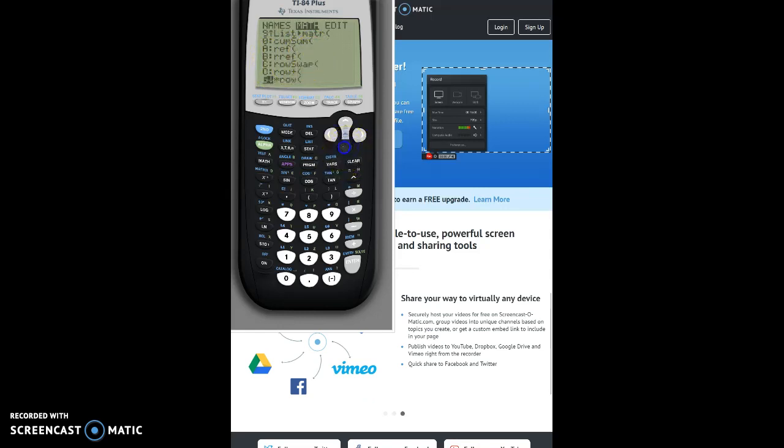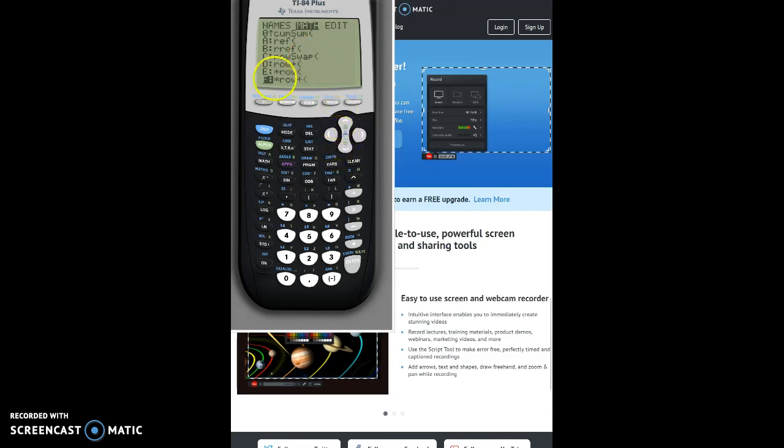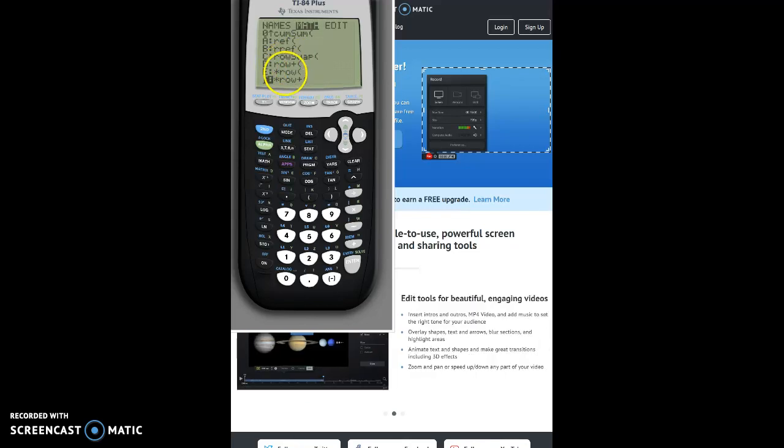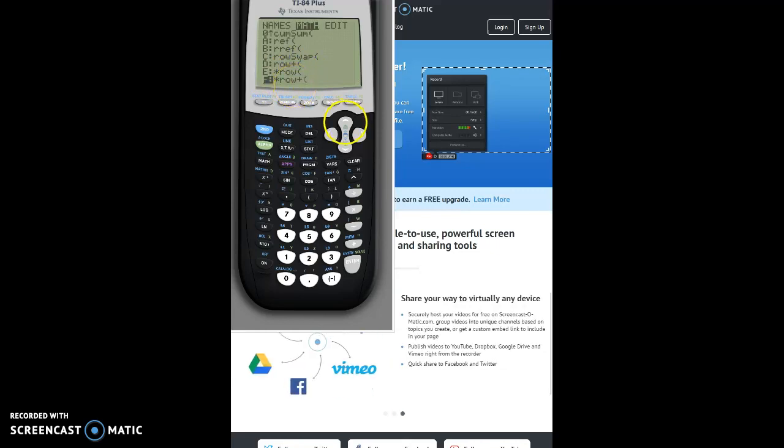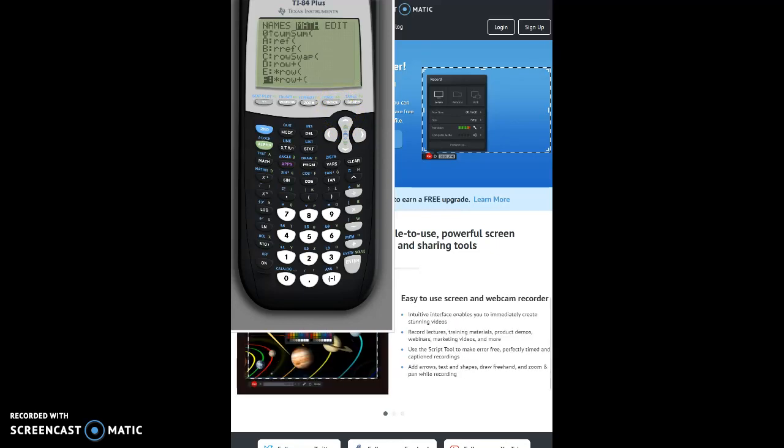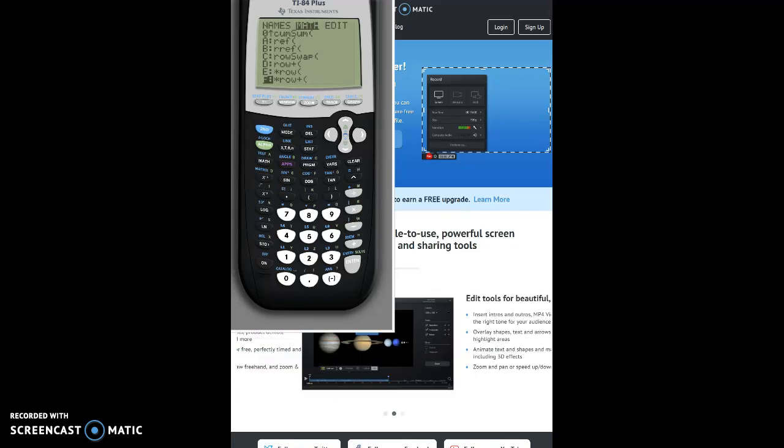And then we have some matrix operations here. This says row plus, so this is when you're adding two rows together. This says multiply a number by the row, and F is multiply a number by a row and then add it to another row. Now these have to be put in a very specific way, and so I'm going to give you that information.